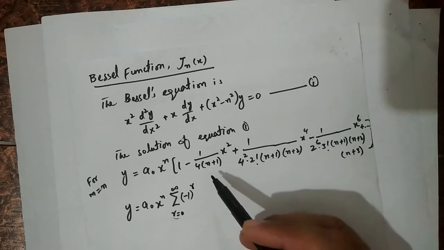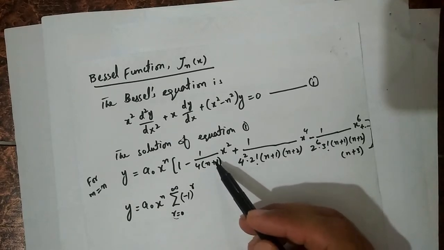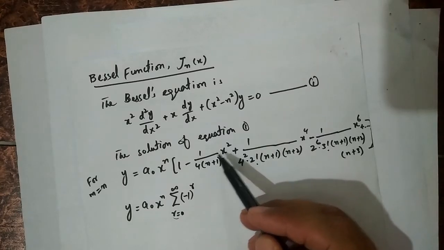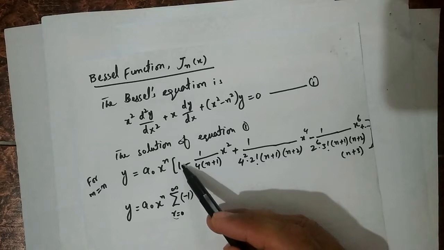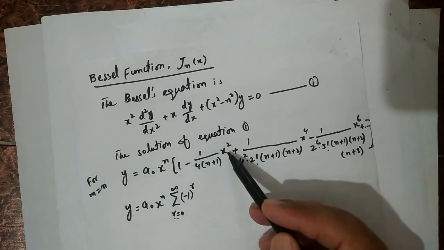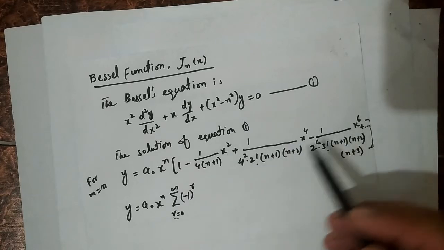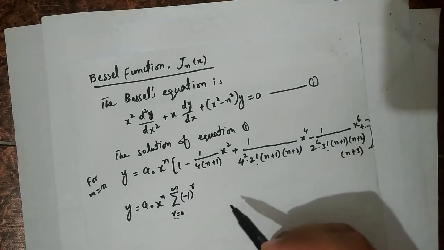Next, what should we write? Here in the numerator you can see that this is x to the power 0. Here we can write x to the power 0, and here x to the power 2, x to the power 4, x to the power 6.